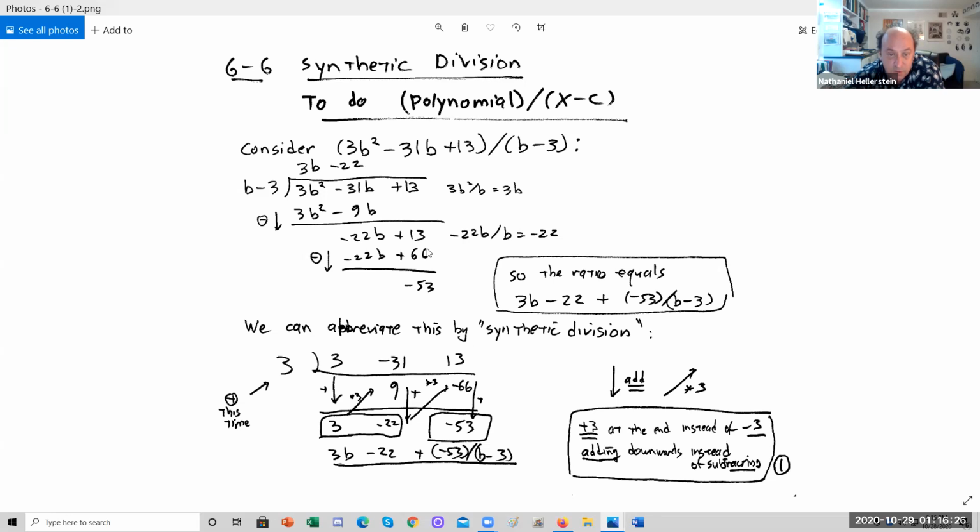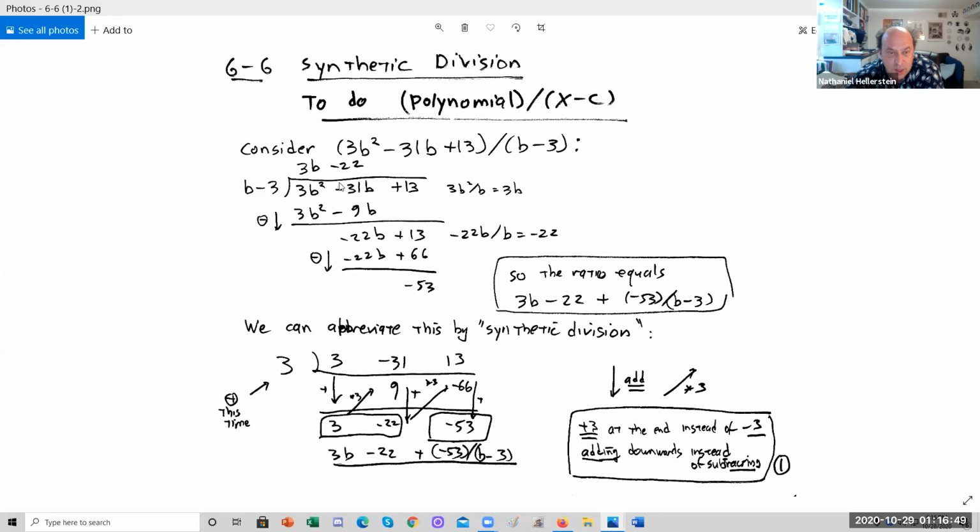Here was a positive 66. We subtract here, we add here, get a negative 53. And so this gives you the coefficients of the quotient, 3b minus 22 here. And this negative 53 is the remainder, which we put over, in this case, b minus 3.